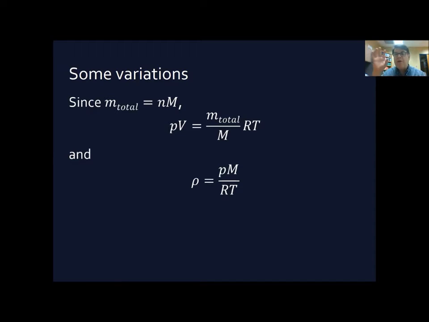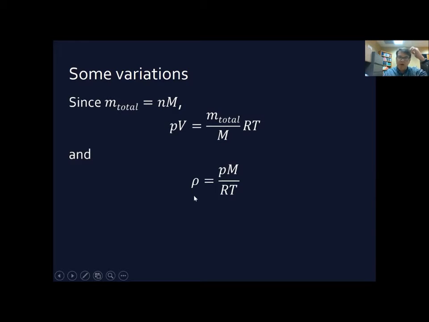Density is mass per volume. So if I divide both sides by V, then I have mass total over V on this side, which is rho, and then multiply both sides by the molar mass, and I get PM, which is right there. Then I get this on this side by dividing by RT. And so there is the density.